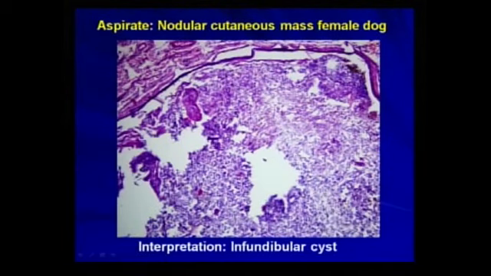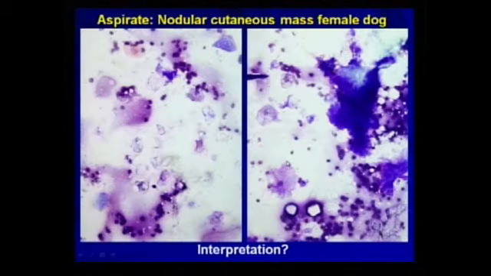Those are cholesterol crystals. The aspirate was from an infundibular cyst, which explains all of the keratin and the mess and the fluid around it. But what locks in the diagnosis for us are these cholesterol crystals, which you will see with any keratin-producing cyst or neoplasm. Okay?